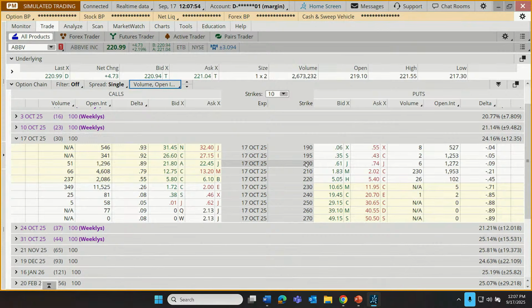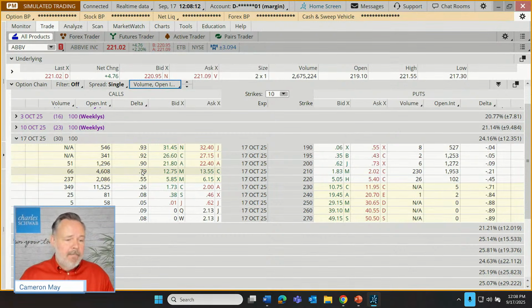So if we look at the 200 strike price, it has a delta of 89. If we look at the 210, it has a delta of 79. And that's the one that I want to focus on. Mary Burns has done some math on this, and I'm not going to go too deeply in the weeds into the math of the trade itself. Mary's done a little analysis of the risk and return on risk.